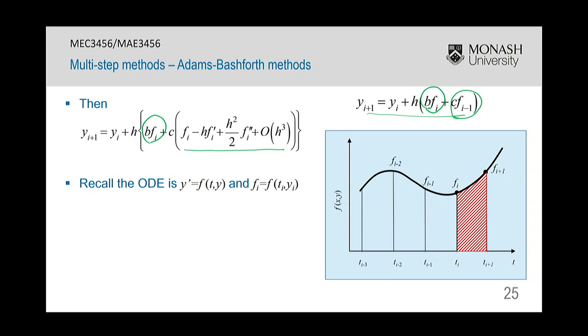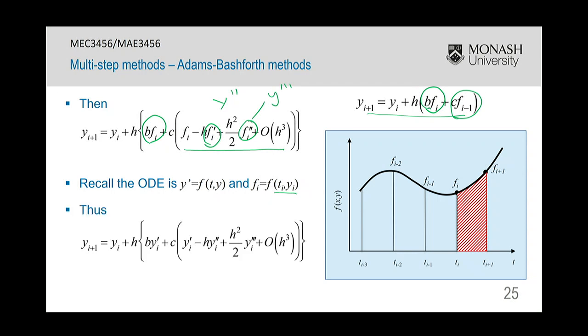Now let's recall that the ODE is written as y dashed is equal to f of t and y, and that obviously then f i is equal to f of ti, yi. So if y dashed is equal to f, then f dashed is equal to y double dashed, f double dashed is equal to y triple dashed, etc. So let's just use that to rewrite the term in brackets up here, using the original y.